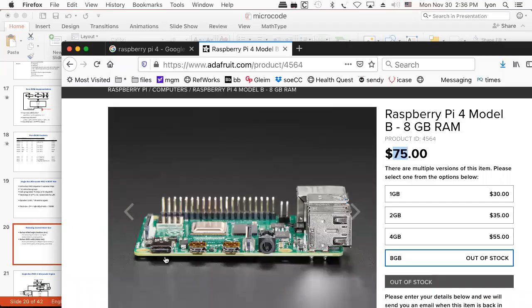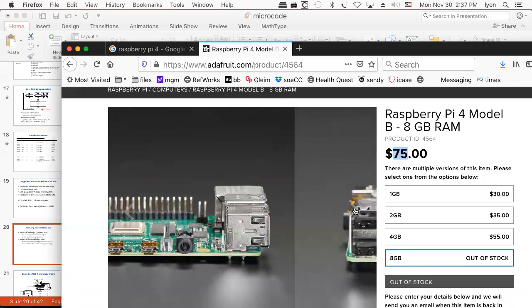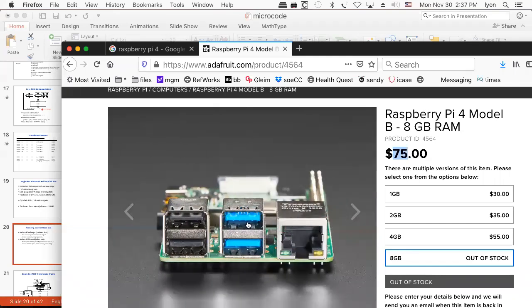This has got USB-C connectors. One's for power, the other's for data. It's got a mini HDMI connector. It's got an audio out, and there's the USB 3. You can tell because it's blue.